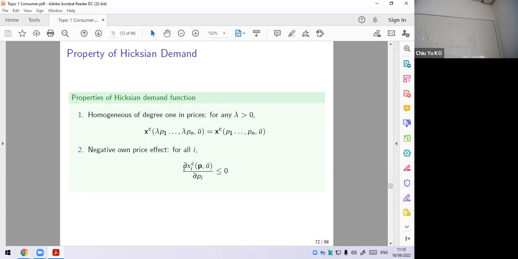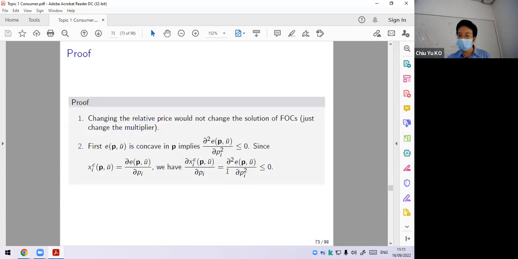The next function we learn is called the expenditure function, and we prove that it's concave, and this one will follow because of concavity. We have an expenditure function, and the first derivative will be the Hicksian demand, and we saw the expenditure function is a concave function, and that's how we prove this.